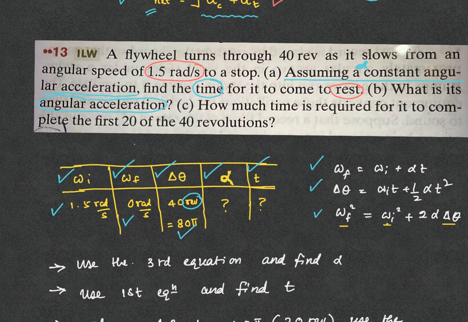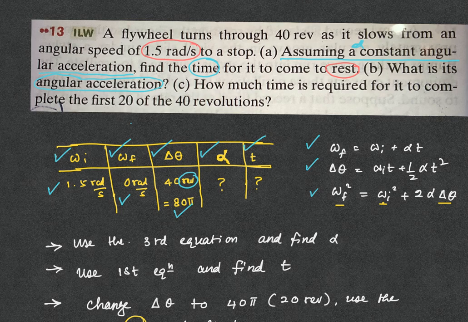So what I'm suggesting you do is use the third equation, substitute all that you know and find alpha. So the answer to part B will be given by this. Then use the first equation to find t, and that would be the answer for part A.